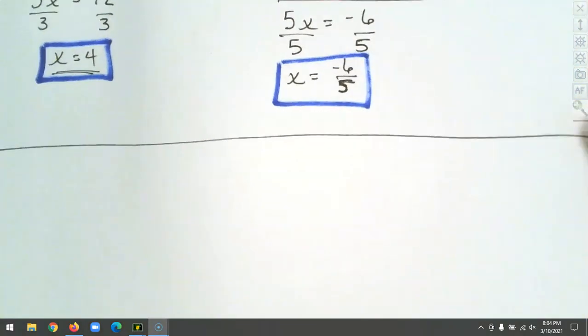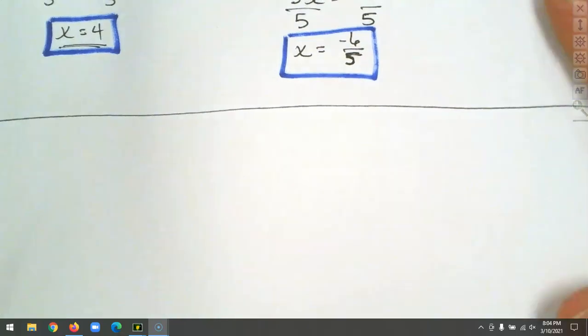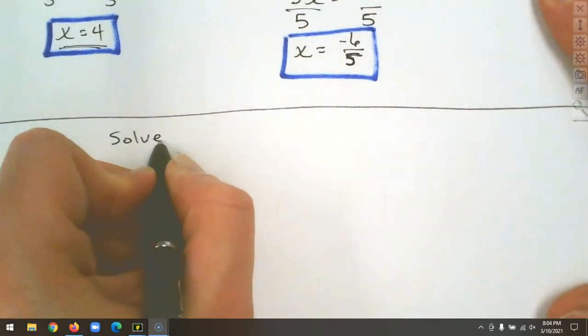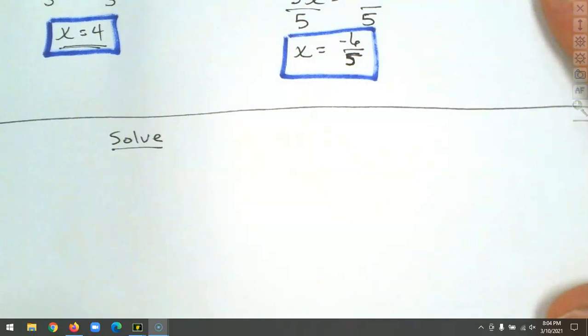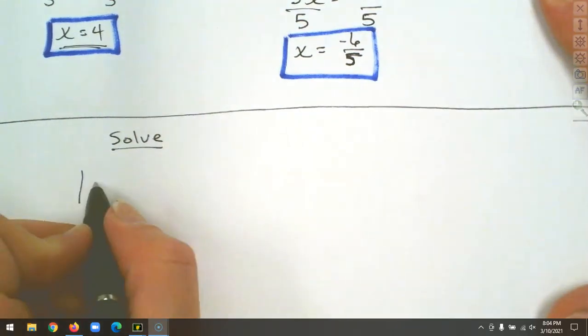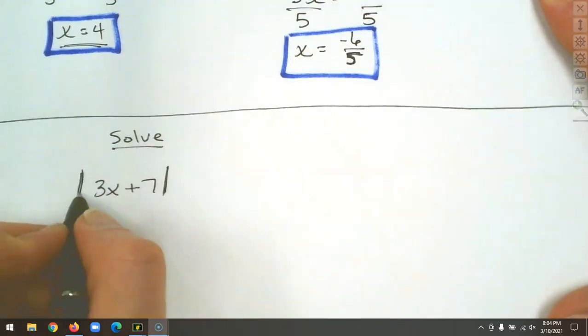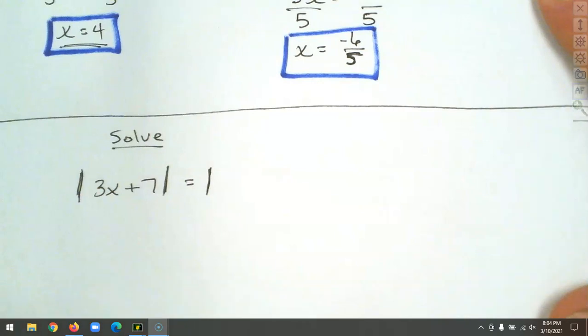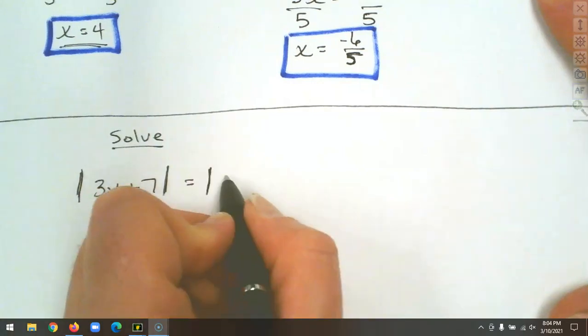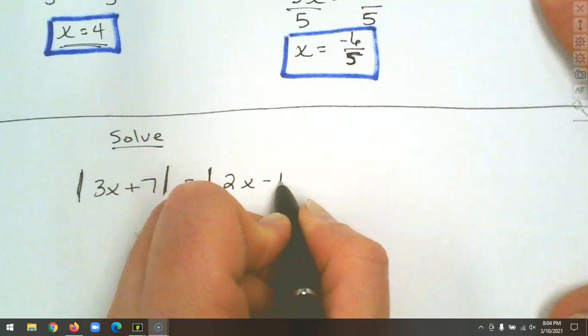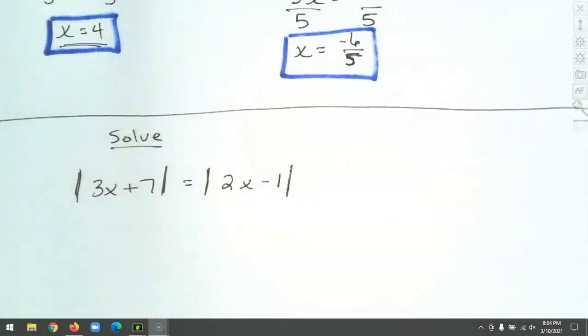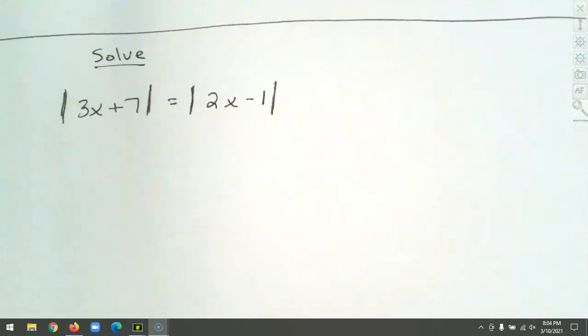Let's work through a couple more of these. And we're going to solve this one out. How about 3x plus 7 in the absolute value bars equals the absolute value of 2x minus 1. Okay, so this is what we've got here. Now, what are my two equations going to look like?